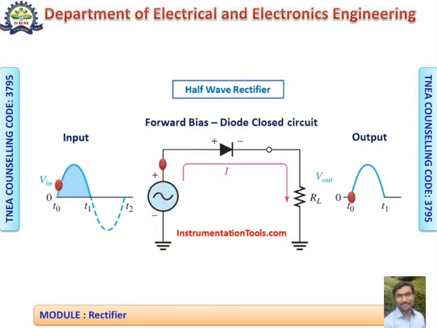This condition is called forward bias condition. During this condition, the diode will allow the flow of electrons from the AC input source to the load RL.